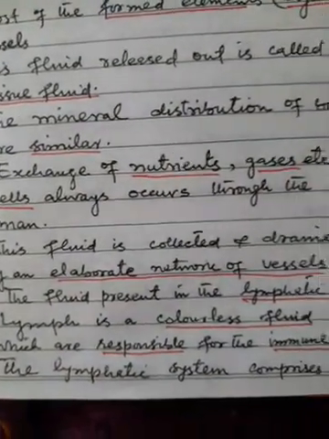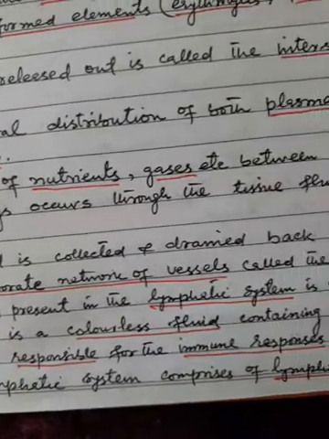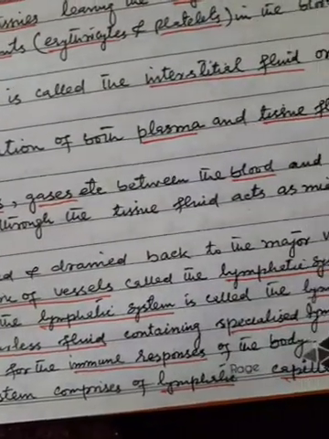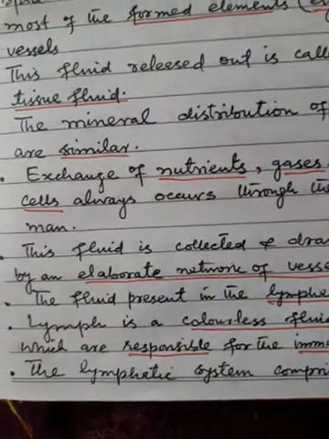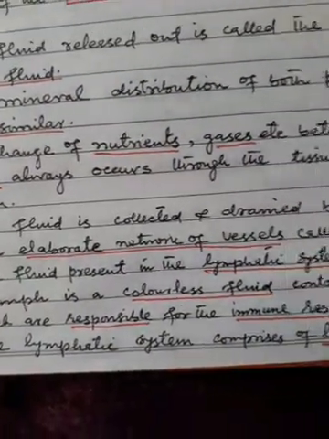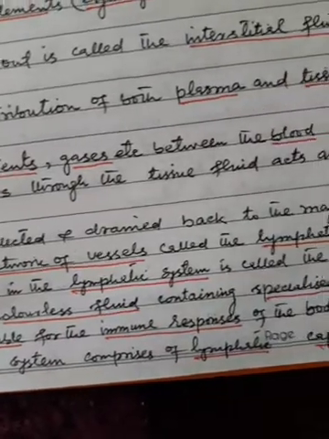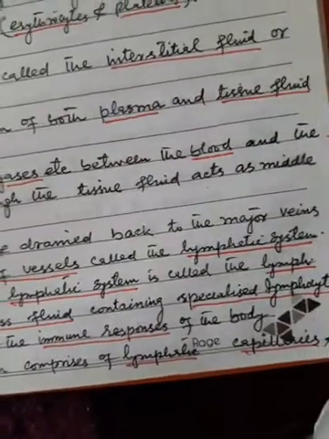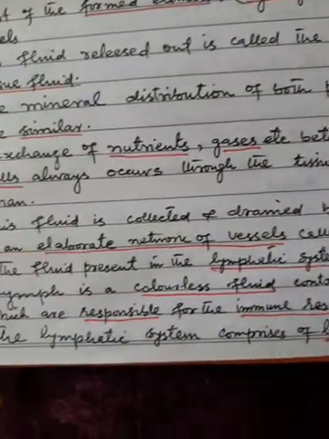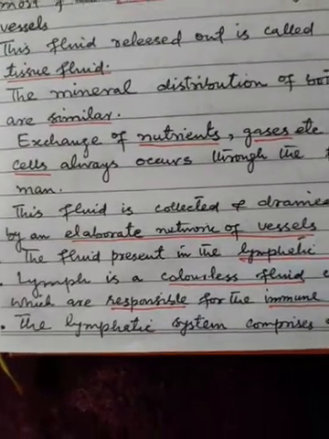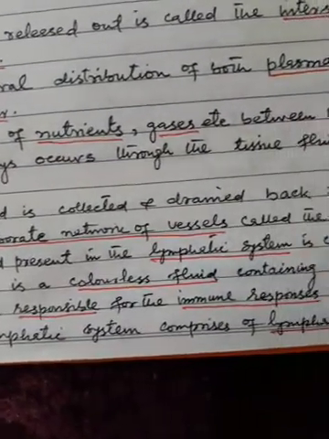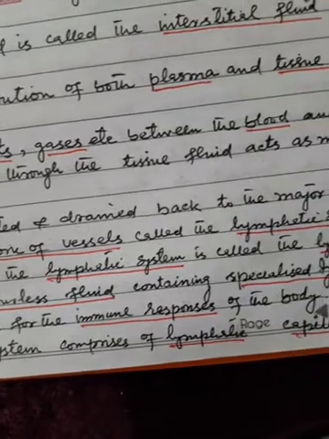This fluid is collected and drained back to the major veins by an elaborate network of vessels called the lymphatic system. The fluid present in the lymphatic system is called the lymph.